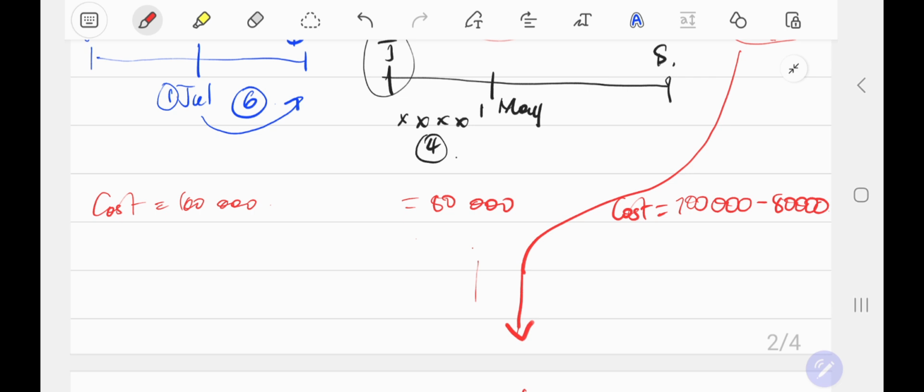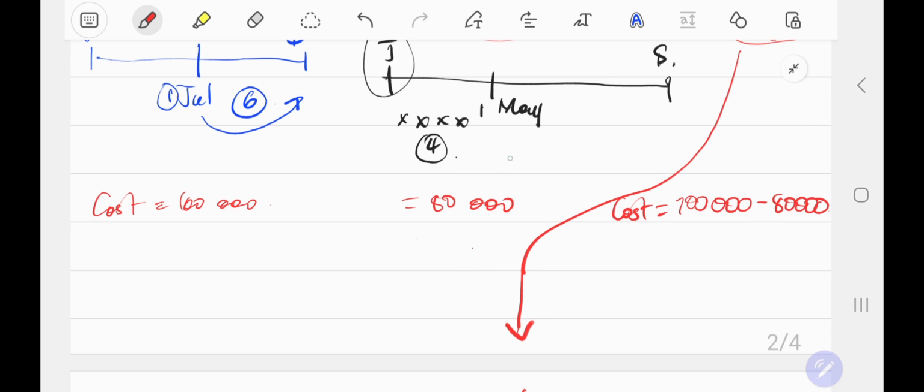Why are you minusing this 80,000? Because if you don't, you'll be doing double accounting. Already here you have calculated the depreciation for the vehicle that you are disposing. So if you don't subtract it here, you'll be doing double accounting, so you need to subtract.